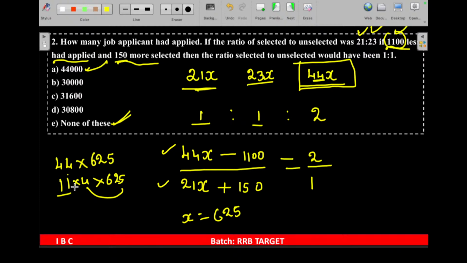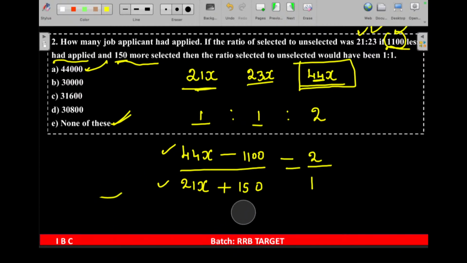Sir, exactly 700? Then check the answer: 1400, 300. 700? Okay, 1100 plus 300 is 1400. Okay, let's solve it fully, no confusion. 44x, 2x is the difference, correct? 2x is the difference.